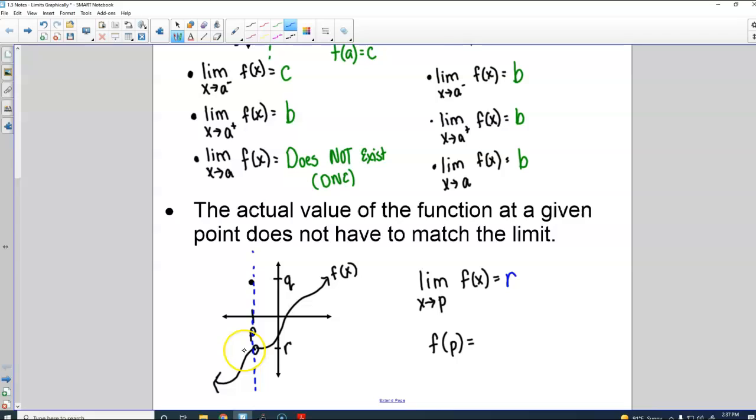All limit values should come from the y-axis, just like in our warm-up. All the limit values should come from the y-axis. Okay? What is f of P?